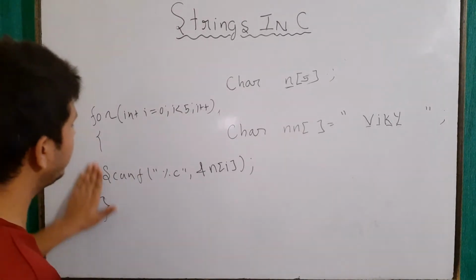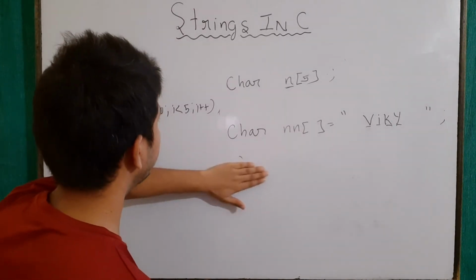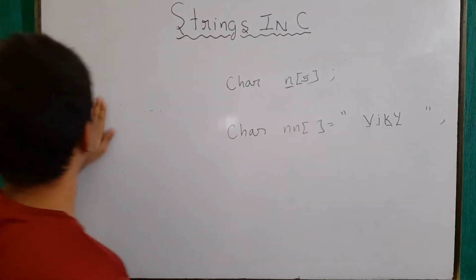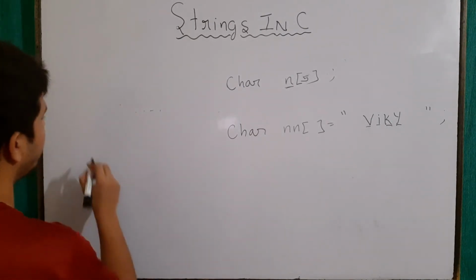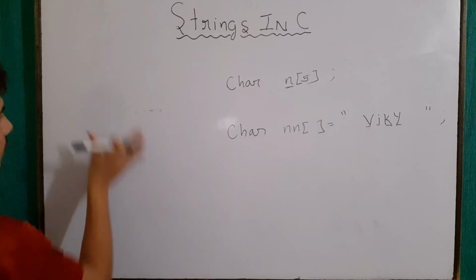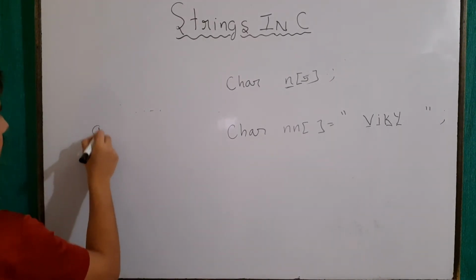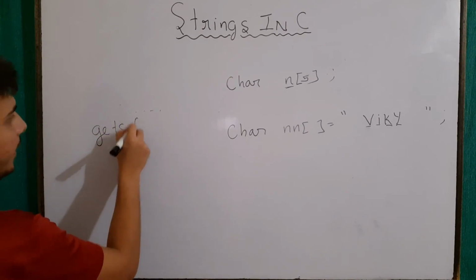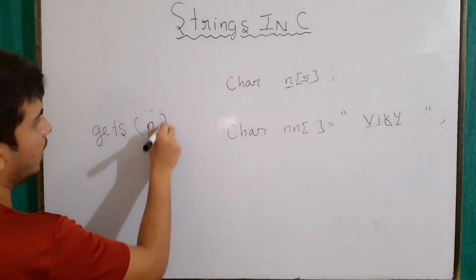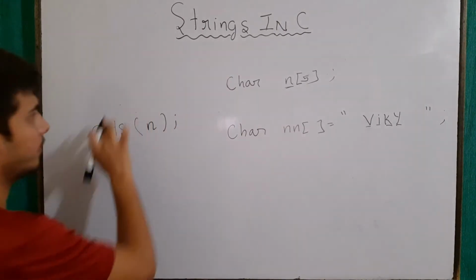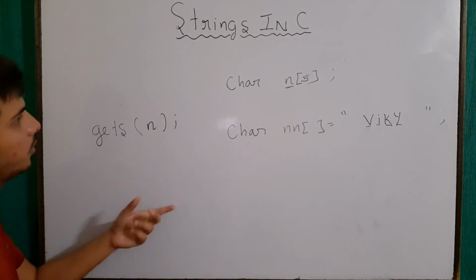We generally use an inbuilt method, that is the gets method. So instead of writing the entire loop and then scanf, I will simply write the gets function and the name of our character array variable. Now it will keep on taking our input.